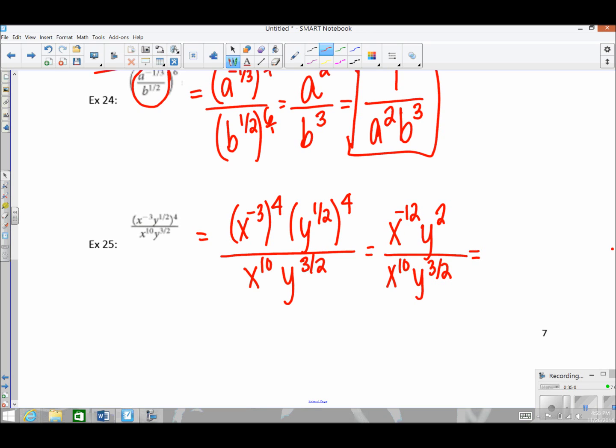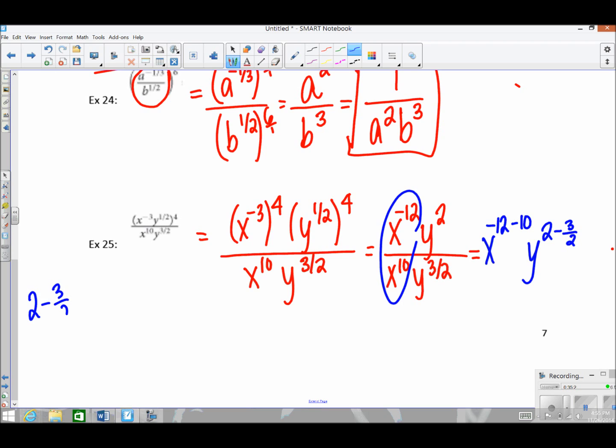And now you have a couple like bases. So I'm going to keep the x and I'm going to subtract. So -12 minus 10. And then y, it's going to be 2 minus 3 over 2. So let me do that fraction subtraction here. So 2 minus 3/2 is going to be, my denominator has to be 2, since I have 2.